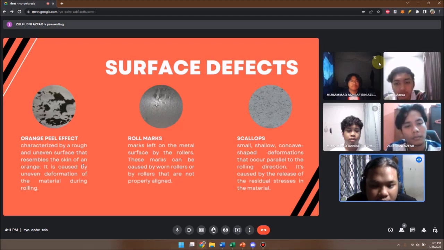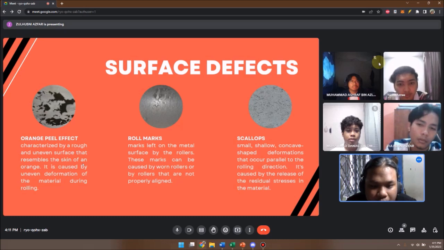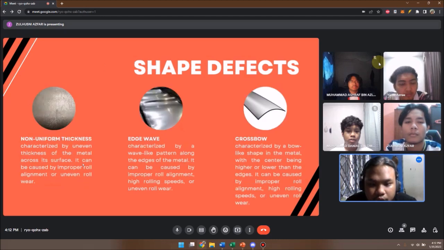It can be caused by uneven deformation of the material during rolling. Lastly, scallop. These are small, shallow, concave shape deformations that occur parallel to the rolling direction. It is caused by the release of the residual stresses in the material. Next.